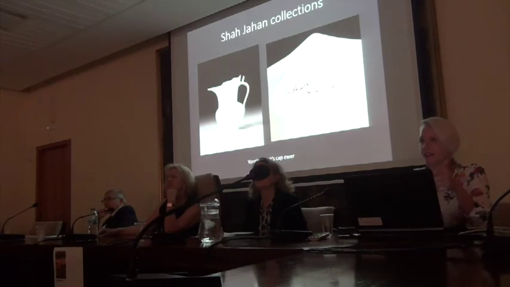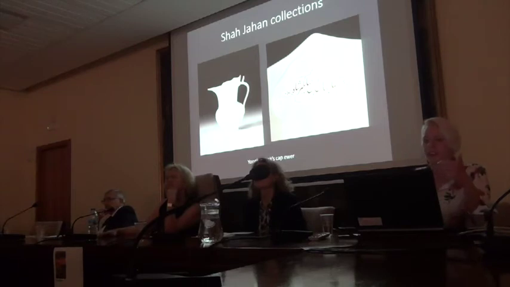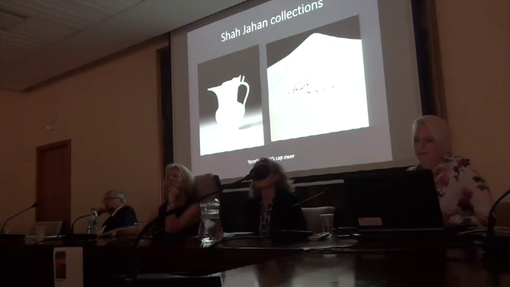So Shah Jahan was a great consumer of Chinese porcelain, but in a very Persianate style. Some pieces are circulating in the art market today that have inscriptions which either mention the name Shah Jahan or show that they were in Shah Jahan's collection. This came up at Sotheby's, I think, fairly recently.